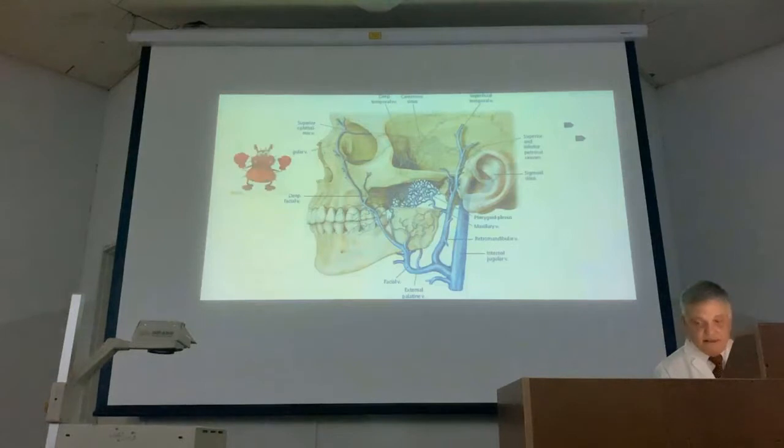Bacteria can go into the veins of the face through different ways, and reach the cavernous sinus through several routes. When bacteria go in, like picking a hair follicle in the nose, they get access to the veins, mainly the superior ophthalmic vein.